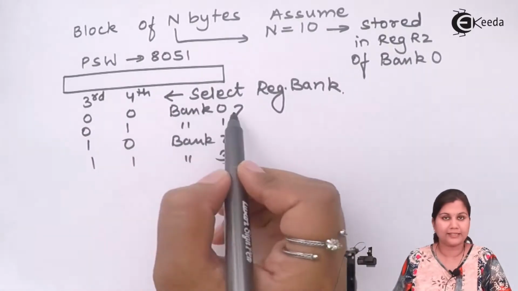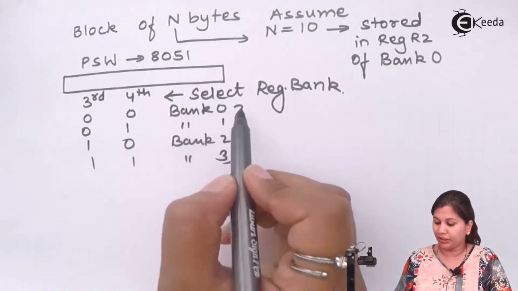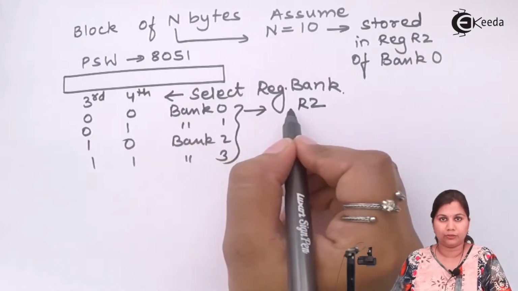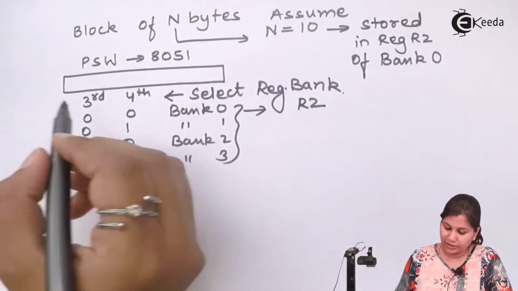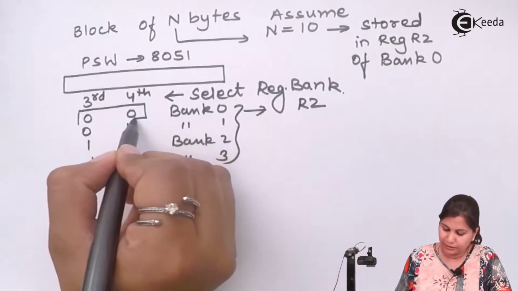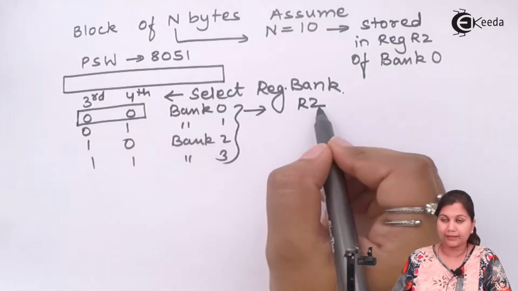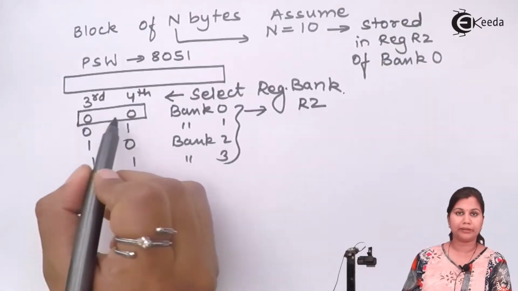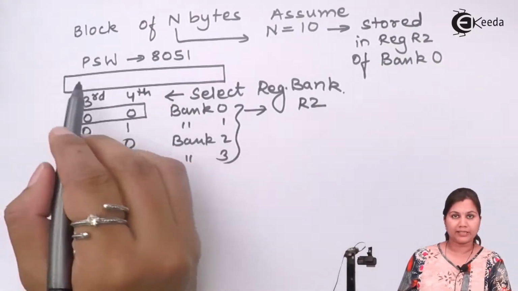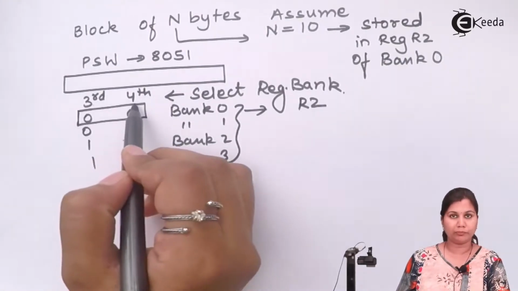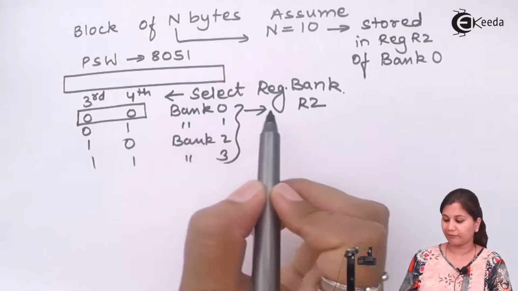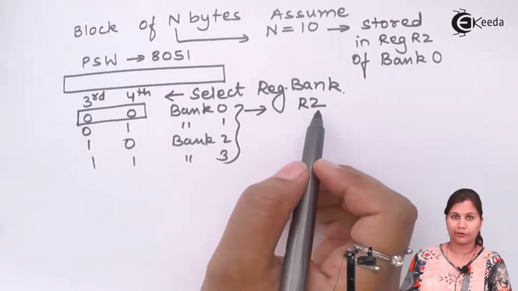Then only bank 0 will be selected and we can use the R2 register of this bank. So our first step will be to select bank 0. We will clear the third and fourth bits of the PSW, making them 0, so that this bank is selected and we can use the register R2.